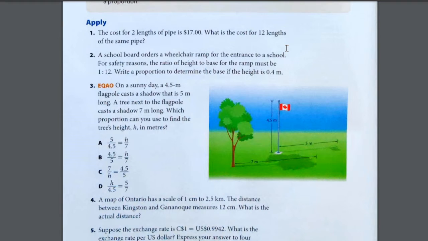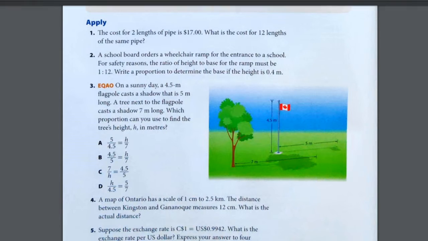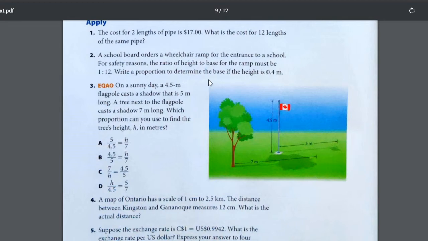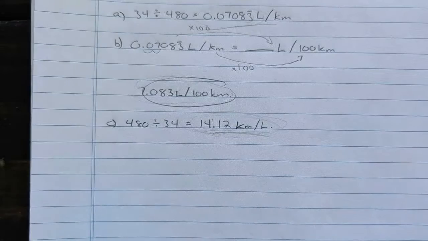So in number 1 here, what we have is the situation that 2 lengths of pipe cost $17. What is the cost for 12 lengths of pipe? So this is a pretty straightforward type of question.